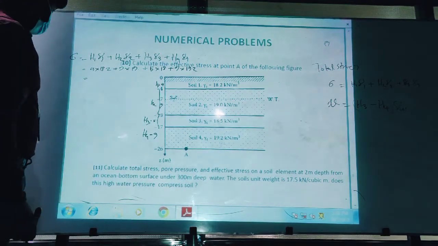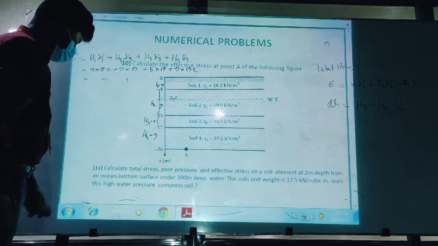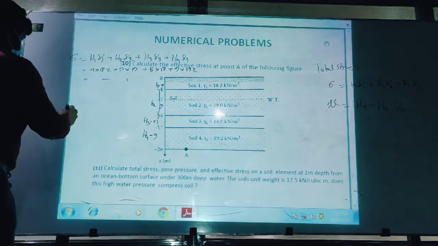Calculate the value here. Then support pressure.